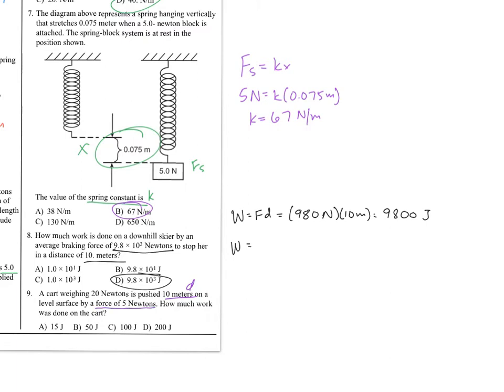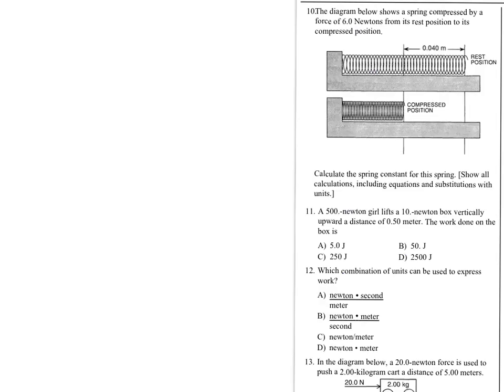When you're given two forces, you want to pick the one that does the work, the one that causes displacement. So that force of 5 newtons is the force for our work. 5 newtons times 10 meters is equal to 50 joules. This looks like a familiar example. I'm pretty sure we did this in class.